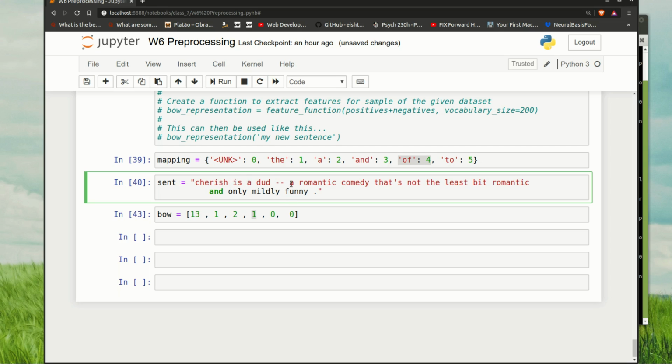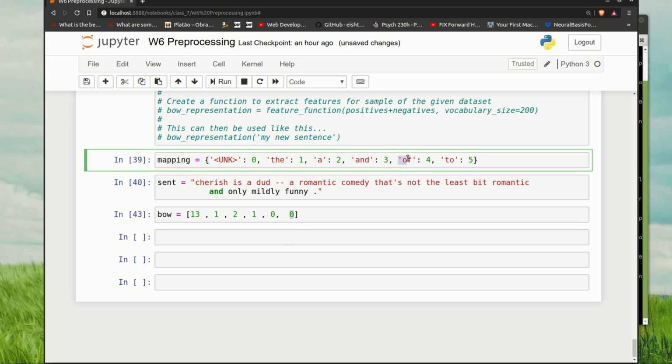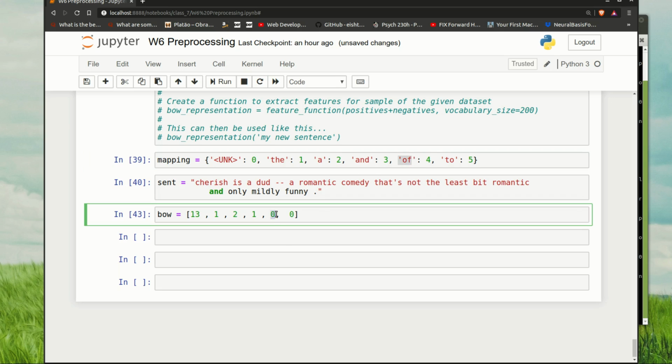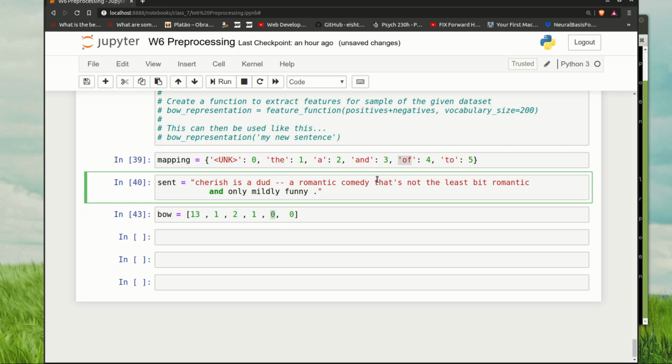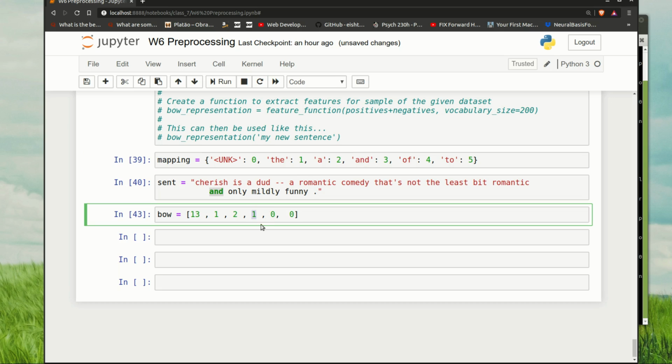If we read the sentence, Cherish is a dud, a romantic comedy that's not the least bit romantic and only mildly funny, we see that there is no to in it, so that's why there is a 0 here, and there is no of in it, so that's why there is a 0 here. Now there is an and in this sentence, and since and is the 3rd element of my vocabulary, there is a 1 here.